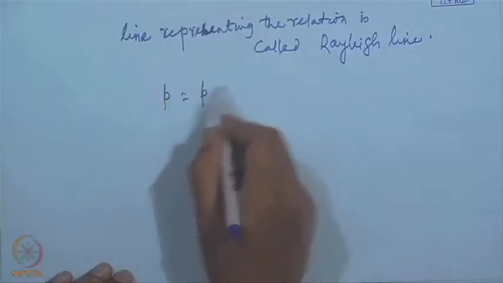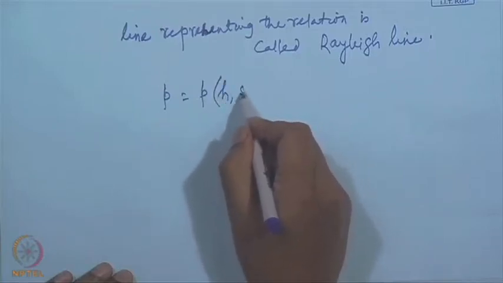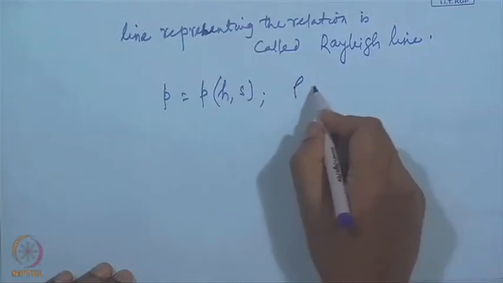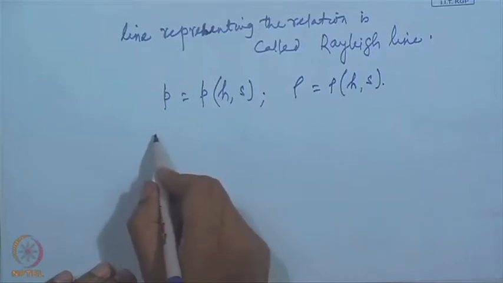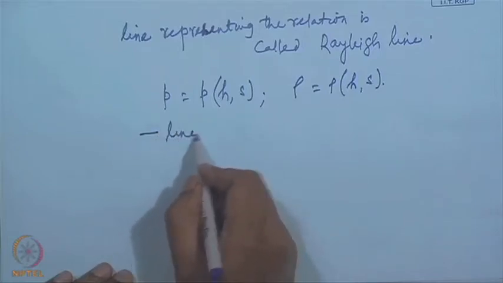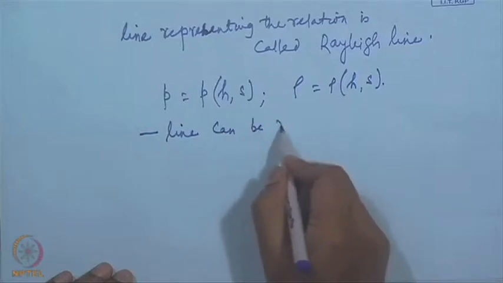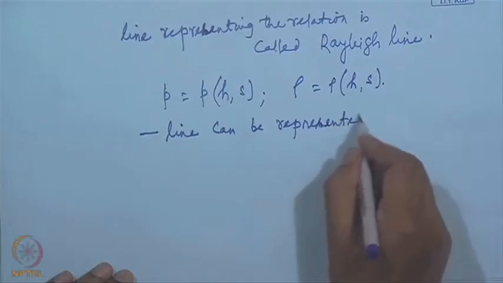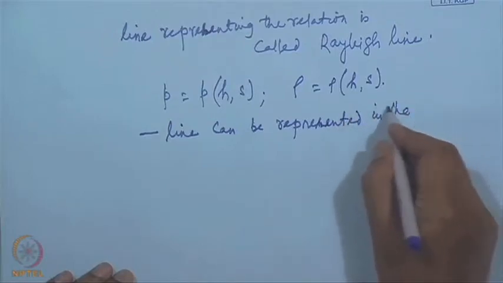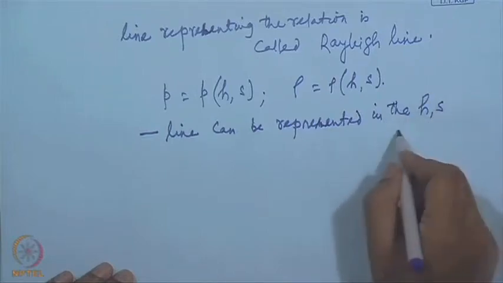and S, and they can be converted to a relationship between H and S. Now, P is a function of enthalpy and entropy, and similarly rho is also a function of enthalpy and entropy. So, the line can be represented in the HS diagram.